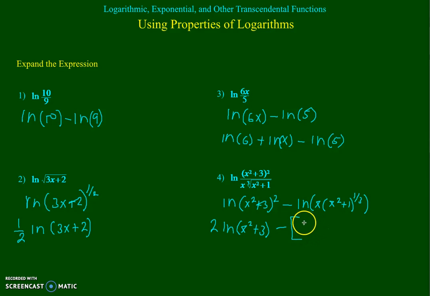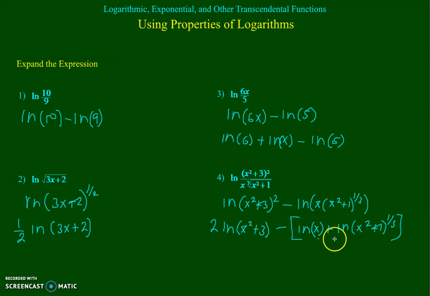And we have the natural log of x times this piece. So that's going to be plus the natural log of x squared plus 1 to the 1/3.